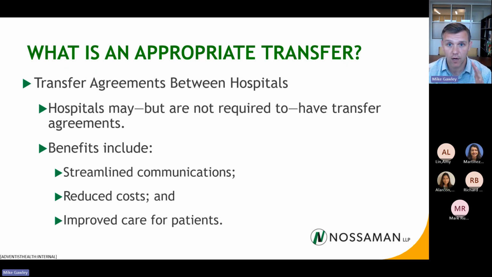They are essentially written agreements between 2 hospitals governing how transfers are going to happen, when they're going to happen, who is going to be responsible for communicating these requests, how they're going to be processed. And these can be really helpful in the EMTALA world because they make communications easier, they can reduce costs, and they end up with patients getting the care that they need from facilities that can provide it.